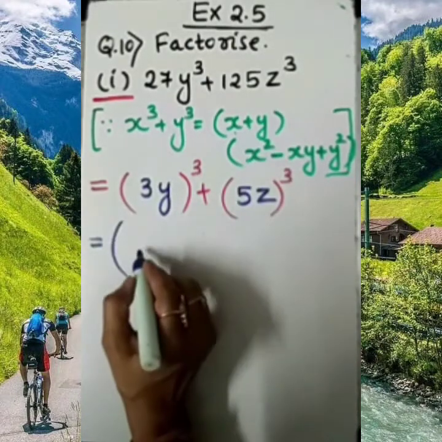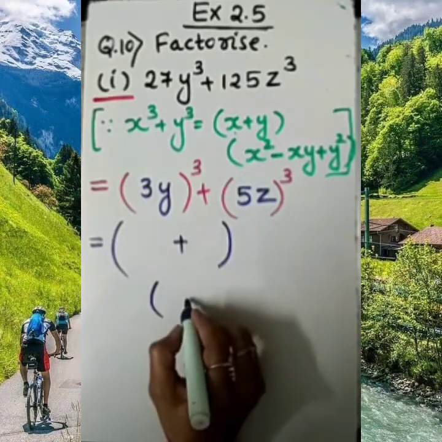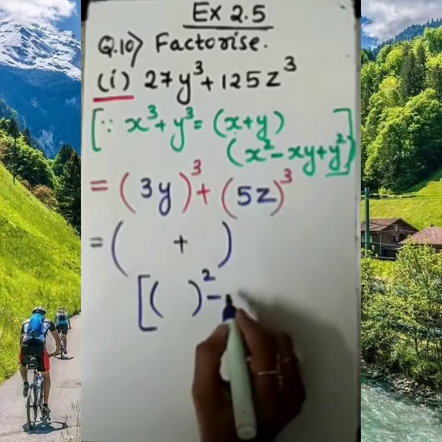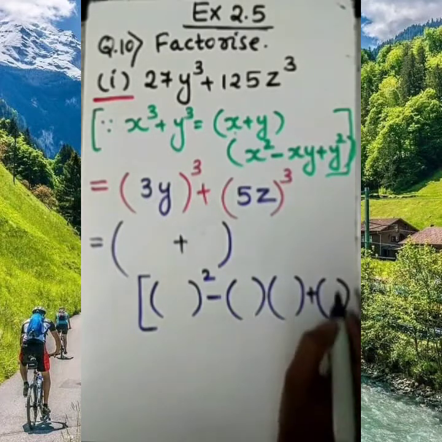So what will be the RHS here? Let me write first x plus y, and in another bracket, x square minus xy plus y square.